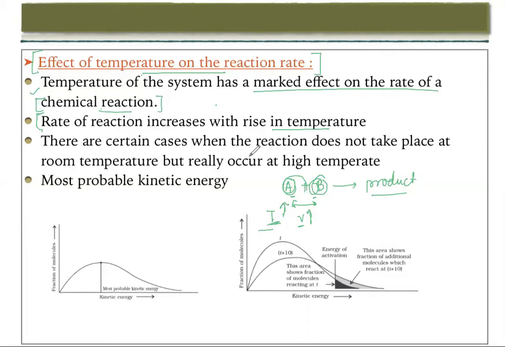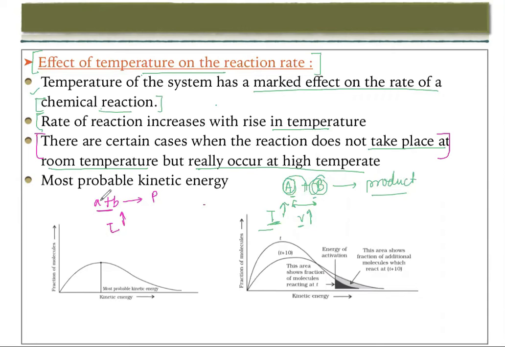There are certain cases where the reaction does not take place at room temperature, but really occurs at higher temperature. To explain this concept, take the same example, A and B. If A and B on the reactant side do not give the product, as we increase the temperature, what will happen?